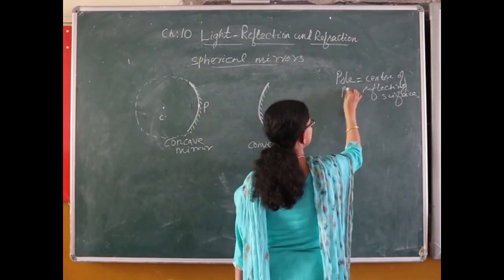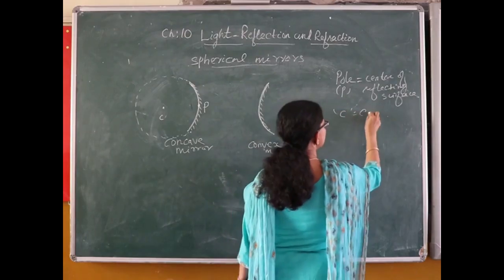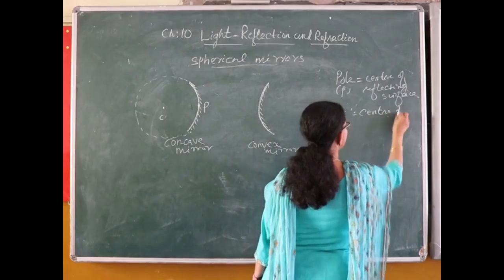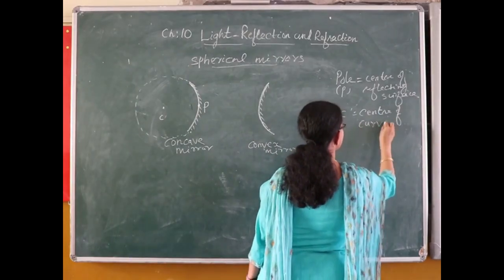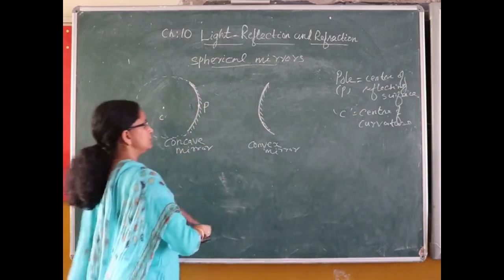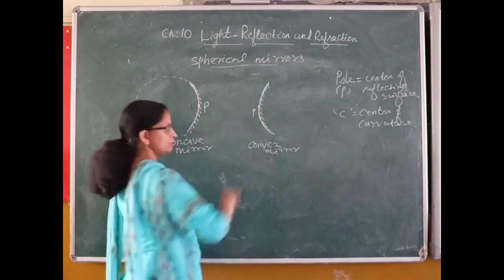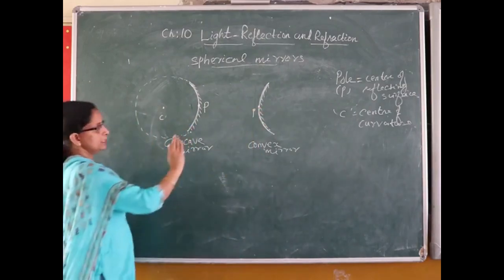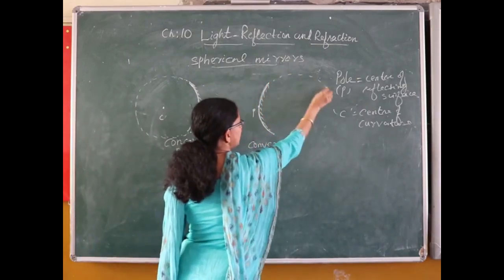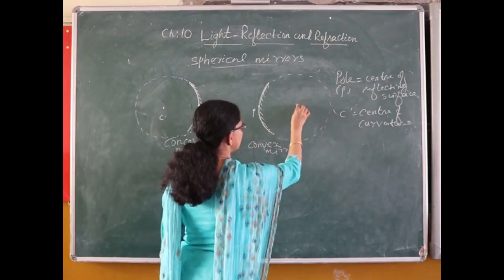So pole is denoted as P, and C is the center of curvature. The pole P is there on both types of mirrors, convex as well as concave. A convex mirror is also a part of a spherical surface, so there will be a center of curvature there too.